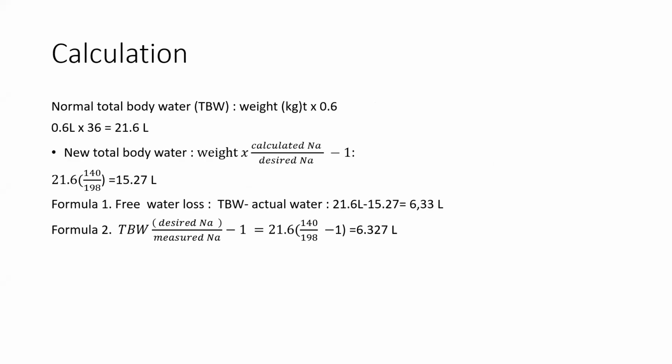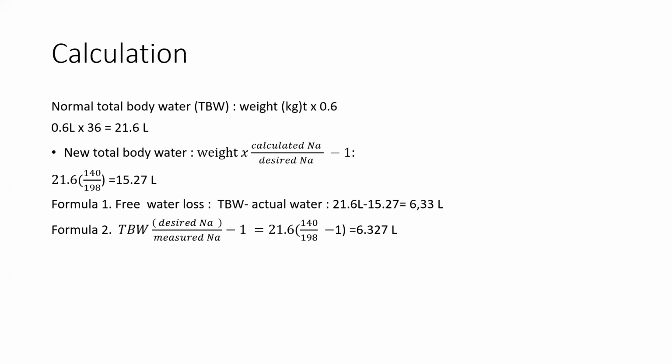We have so many formulas to correct the sodium. The first formula starts by calculating the normal total body water at the time the patient was admitted. The formula is the weight of the patient times the percentage of water, which is estimated at 60%, that is 0.6. This means the water was estimated at 21.6 liters.